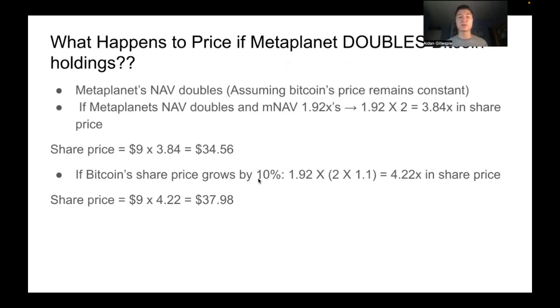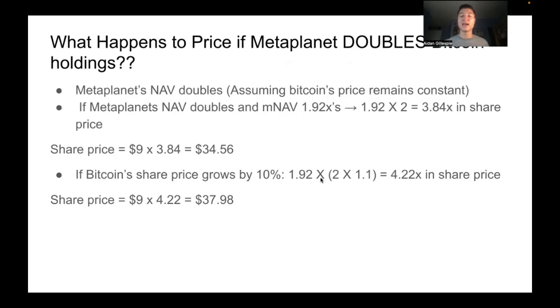This is the number that I'm going to use for these calculations. So we would take that 1.92x in the MNAV multiple that we just calculated, and then multiply that by Metaplanet's net asset value growth. If Metaplanet doubles their Bitcoin holdings and Bitcoin grows by 10%, we'll take 2 times 1.1, that 10% growth in Bitcoin, to get 2.2.